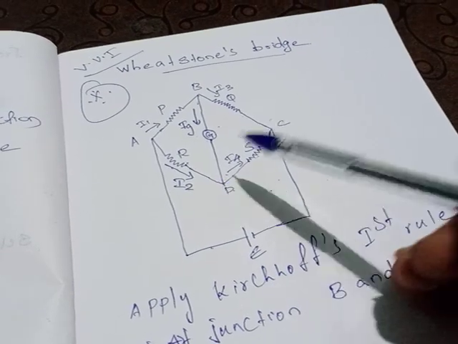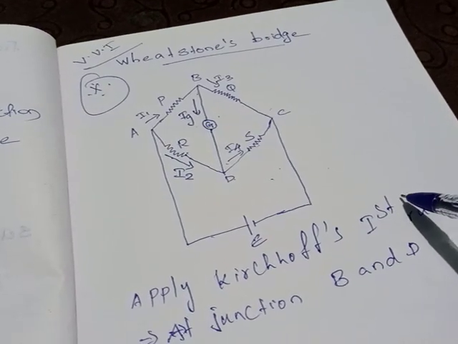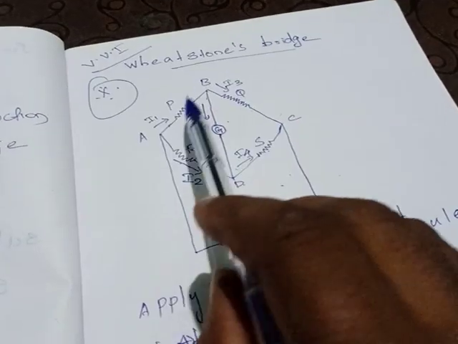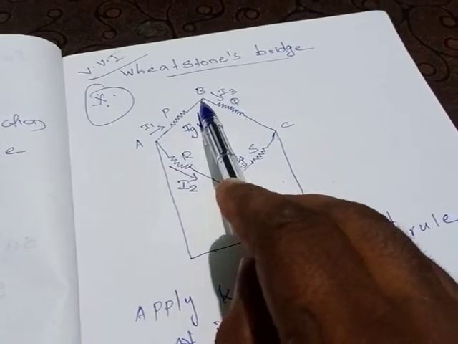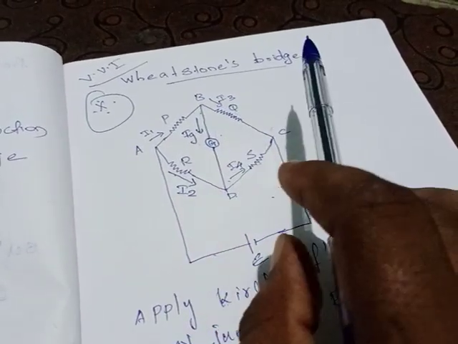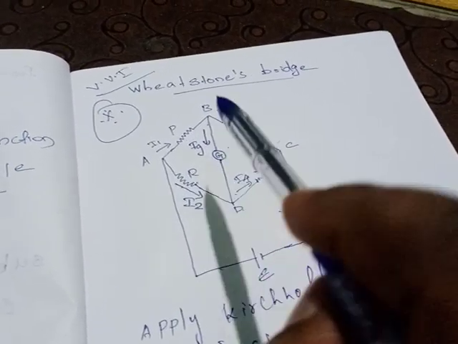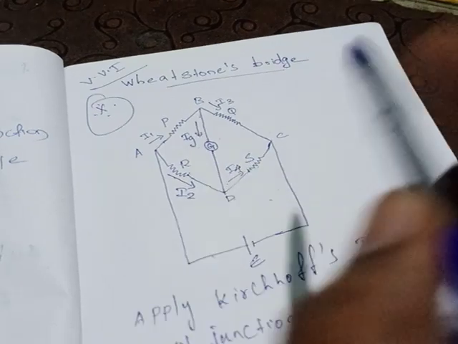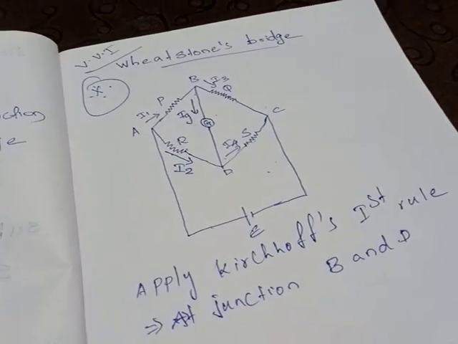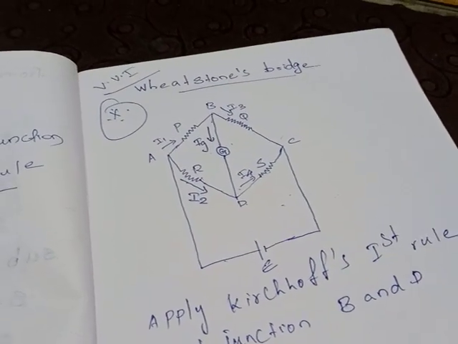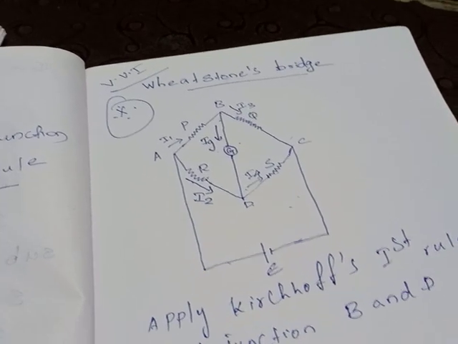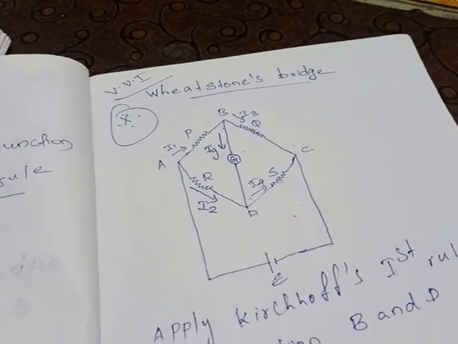We know Kirchhoff's first rule: the algebraic sum of the currents passing towards or away from a junction is 0.